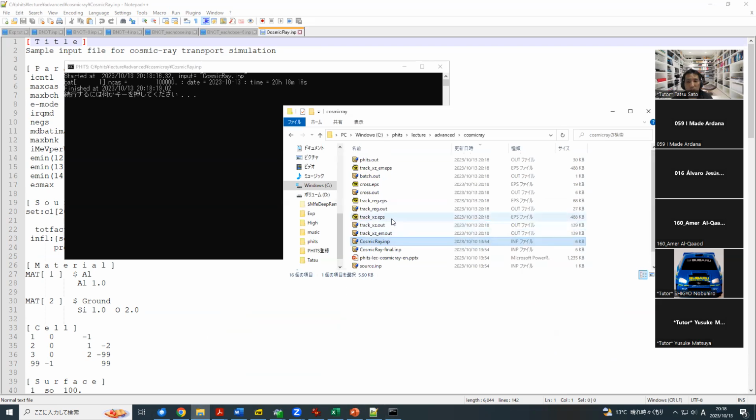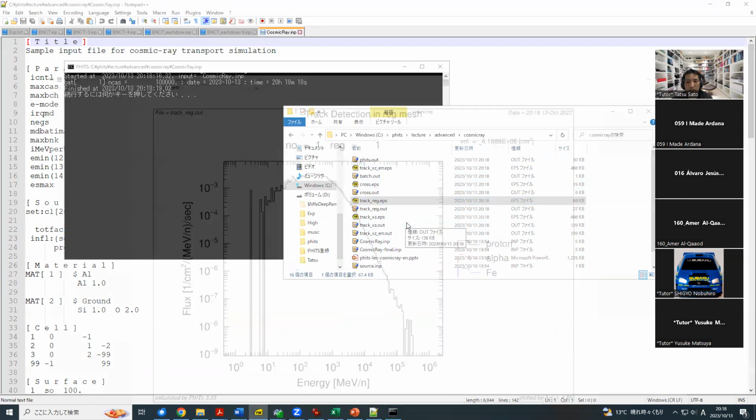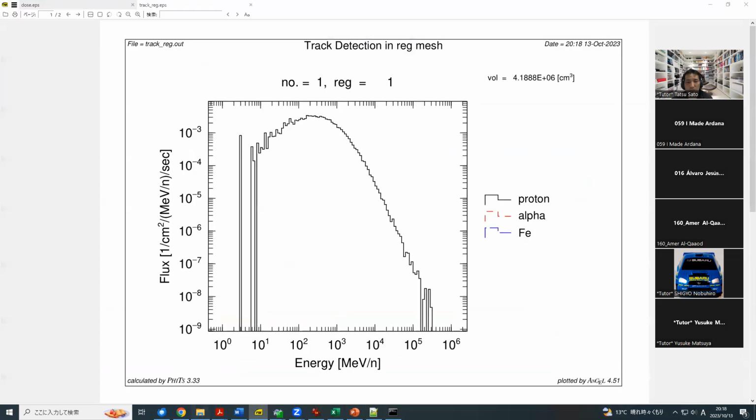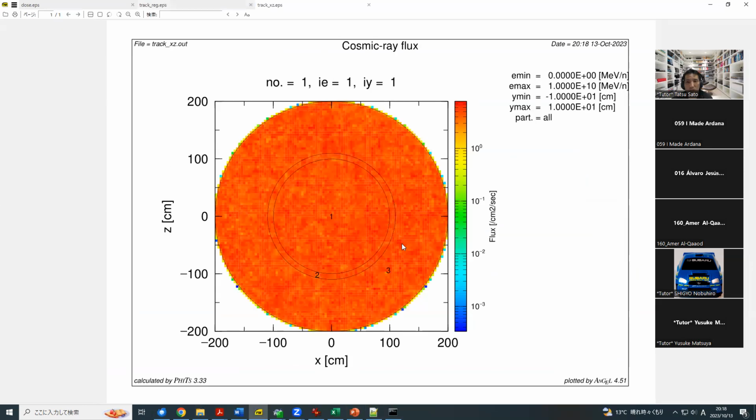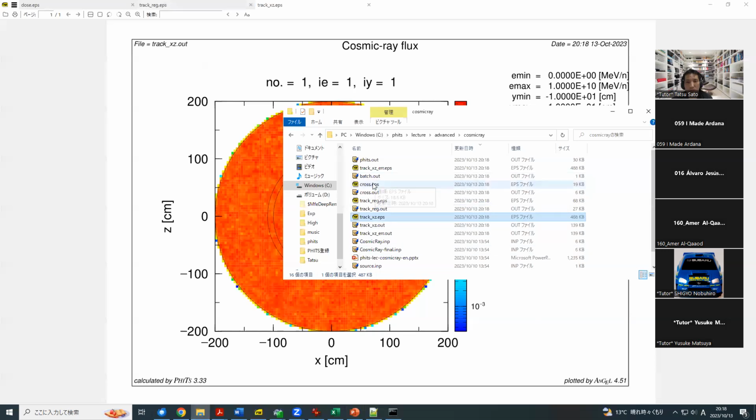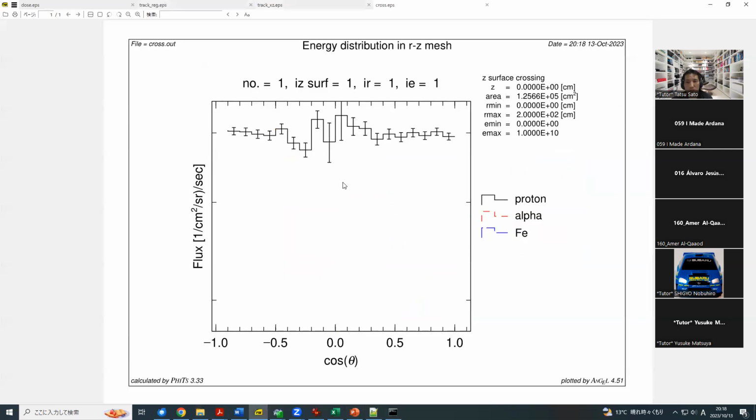Then I got several EPS files: leg, track, XZ, XY, and cross.